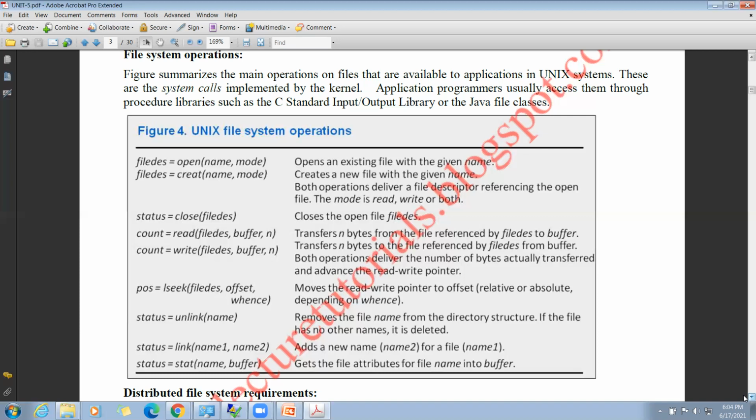Next one, status close. This will close the open files. Count, read count and write count.